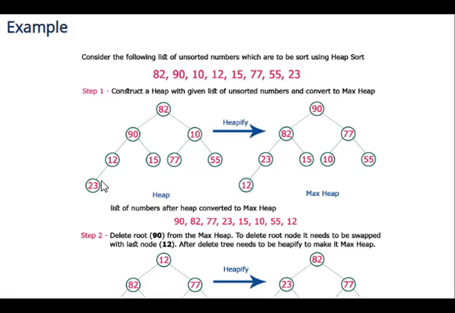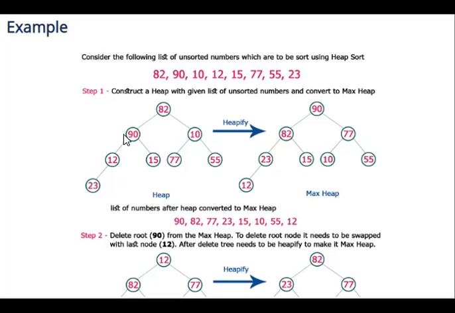If it is greater, 23 comes to this part and 12 comes to the end. And here it can be considered for comparing these two. Now it is the least element, so it will be stable here.